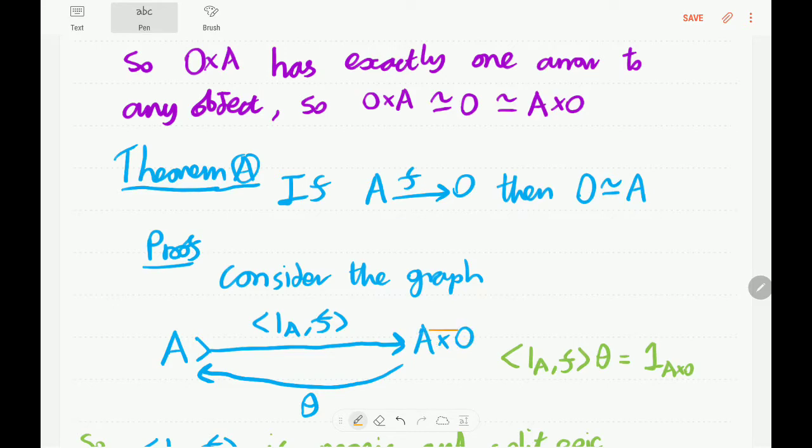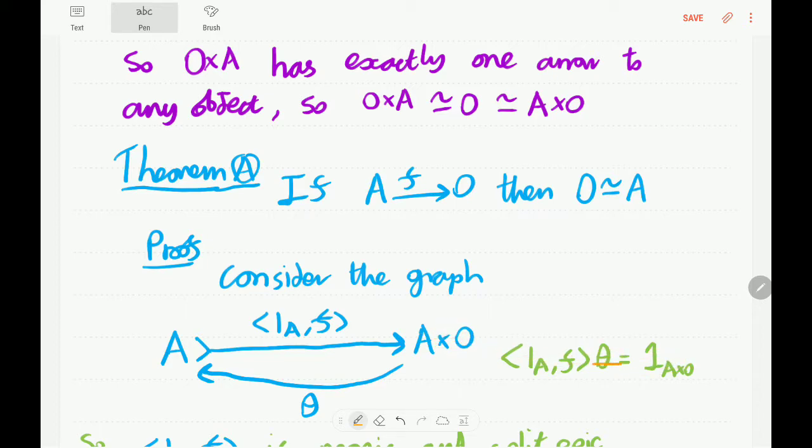And so it follows that there's also only one arrow from A times 0 to A times 0. And of course, if we do ⟨ID, f⟩ after theta, we get an arrow from A times 0 to A times 0, but there's only one, so it has to be the identity arrow of A times 0.